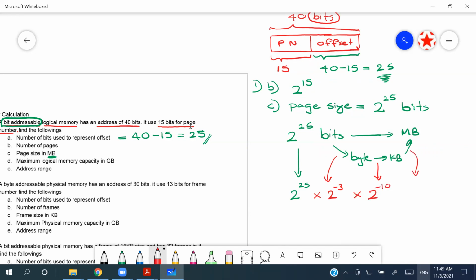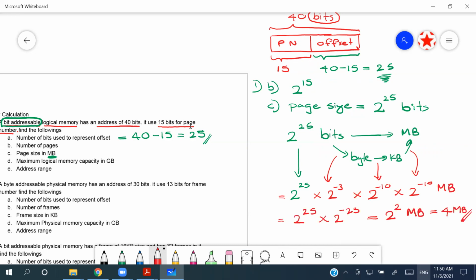To convert from kilobytes to megabytes, it's another 2 to the power minus 10, which gives us 2 to the power 25 into 2 to the power minus 23, which gives you 2 to the power 2. Now this comes from MBs, so this is in MBs. So 4 MB is the final answer.